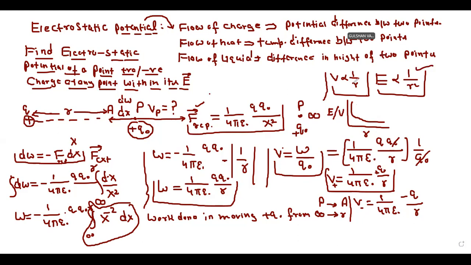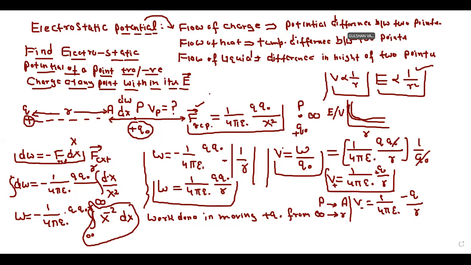But in case of potential, we get this type of graph. The graph will start, and this will be the graph. V is inversely proportional to r. Let me plot this again, because this line should not touch this line.